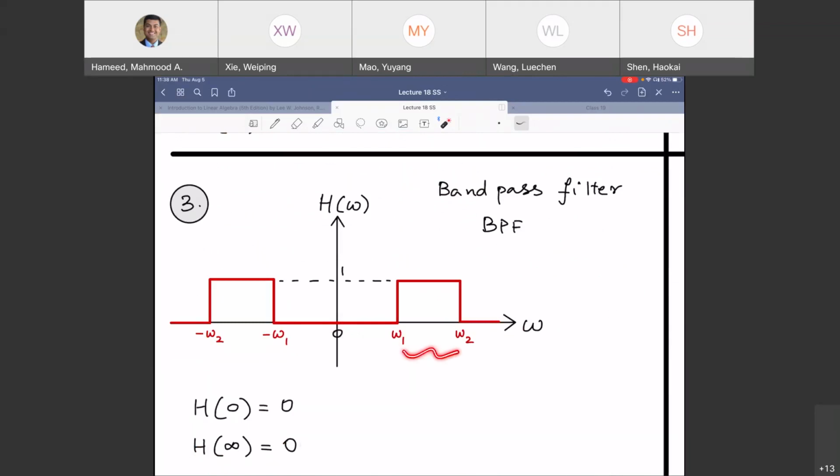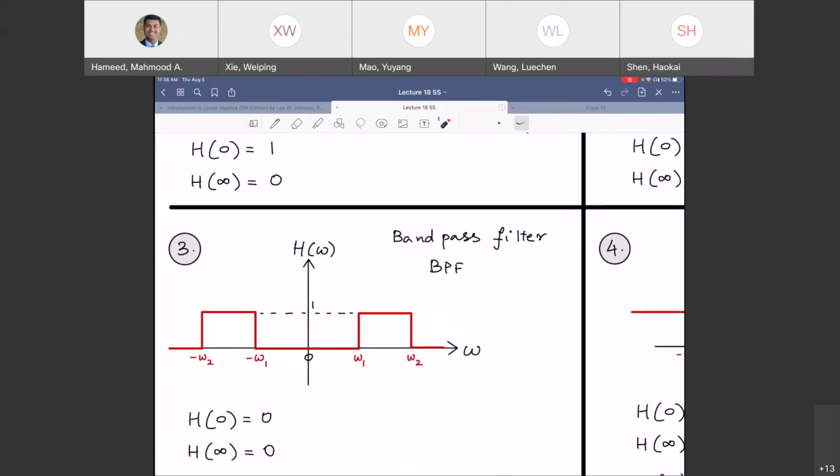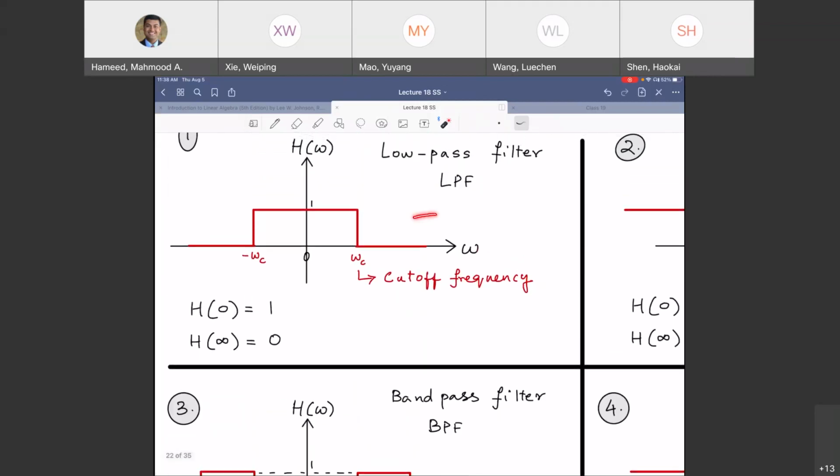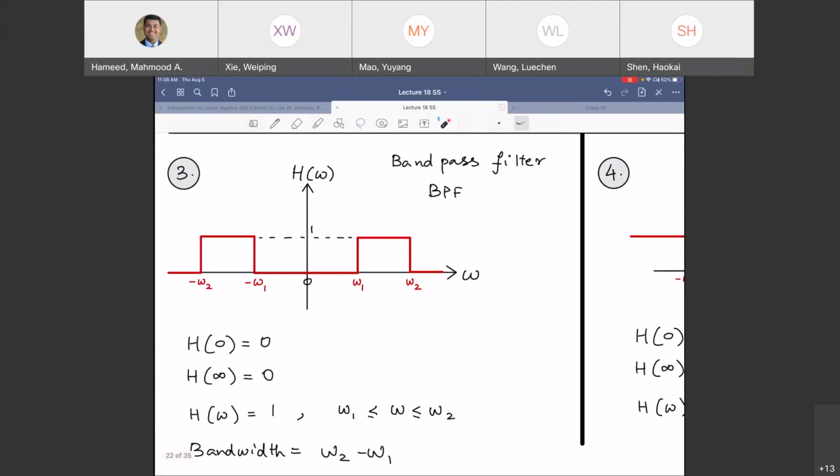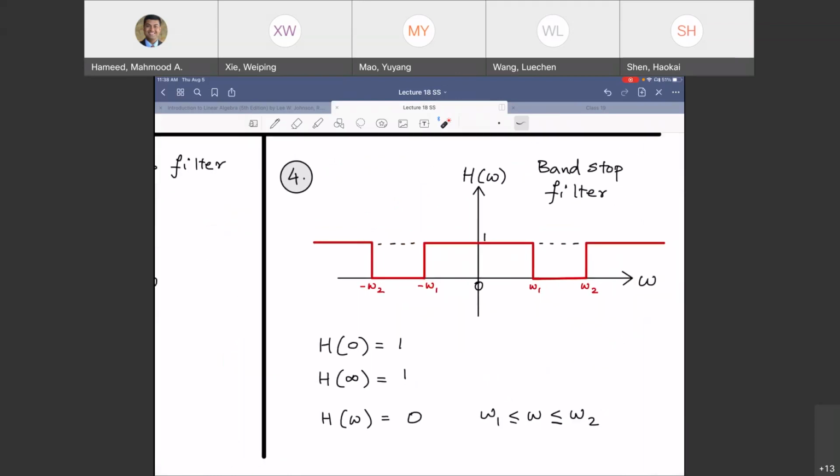Only for a certain band of frequencies, it is 1. So in order to design a bandpass filter, what we'll do is first design a Butterworth low-pass filter, and then transform it into a bandpass filter. Again, all of that discussion is going to happen next. H of omega is going to be 1 only between these two frequencies, omega 1 and omega 2, which is essentially my bandwidth. Omega 2 minus omega 1 is the bandwidth of my bandpass filter.